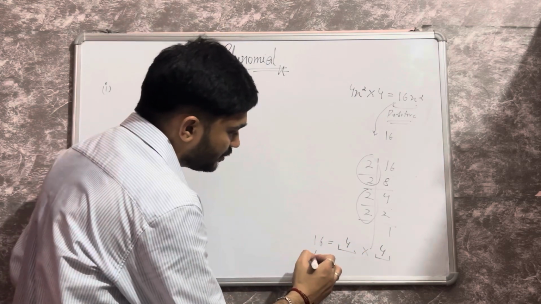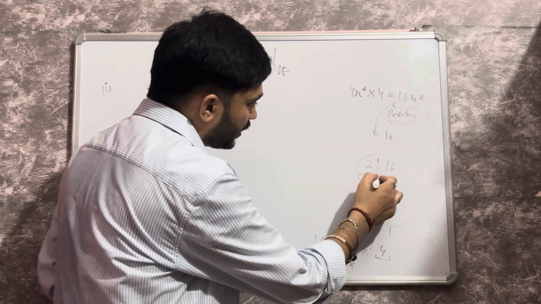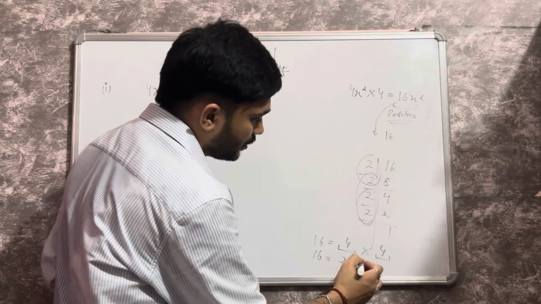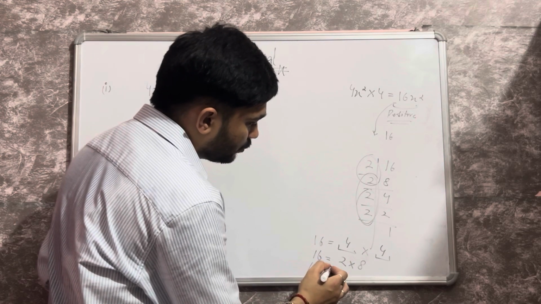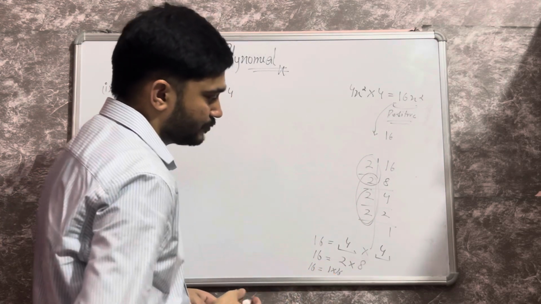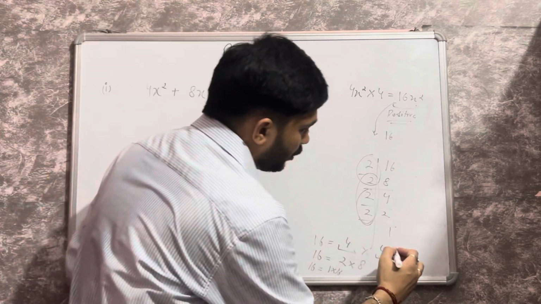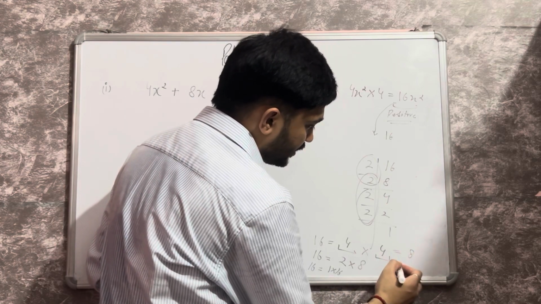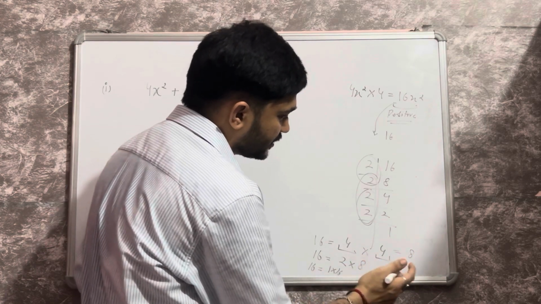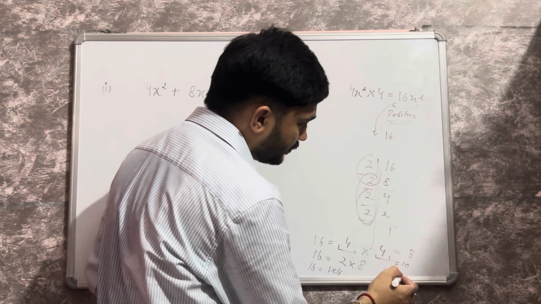Or 16 will be equal to what value? 2 into, and you take the second pair as these three numbers, 2 into 8. Now you can also write 16 is equal to 1 into 16 as well. Yes, you can write it. So in all cases, add these numbers: 4 plus 4 is 8, 2 plus 8 is 10, and 1 plus 16 is 17.